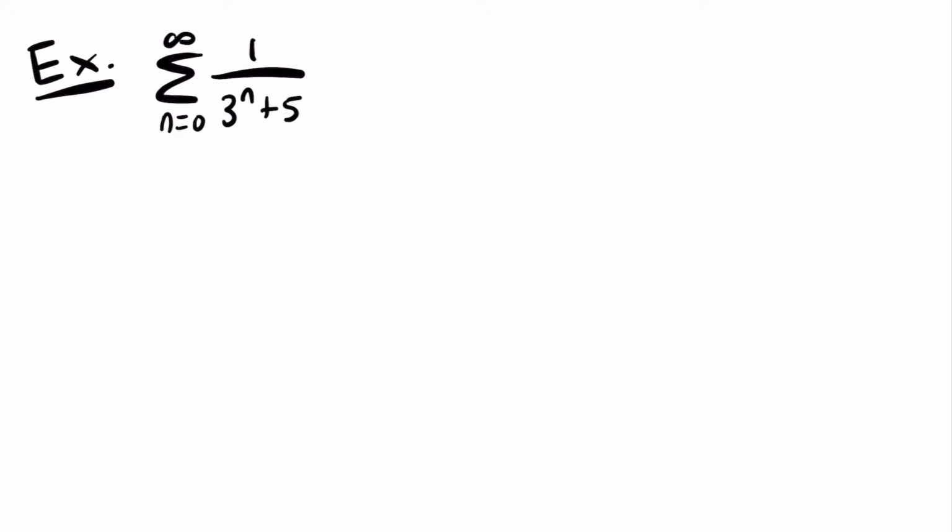Well, notice that we have 1 divided by 3 to the power of n. That is a feature that is very similar to what we find in a geometric series. And so what we can do is compare this series to the sum from n equals 0 to infinity of 1 divided by 3 to the power of n, right? If we just remove that plus 5, we now have a geometric series.